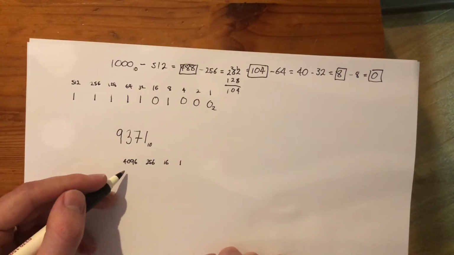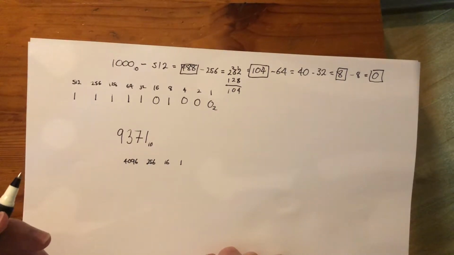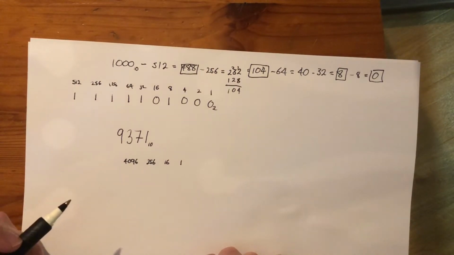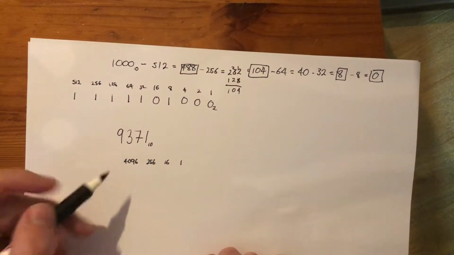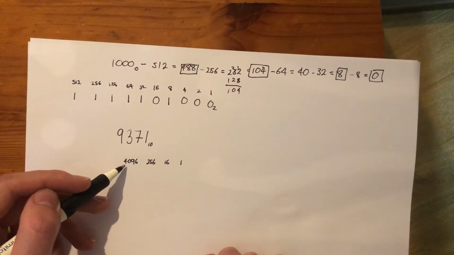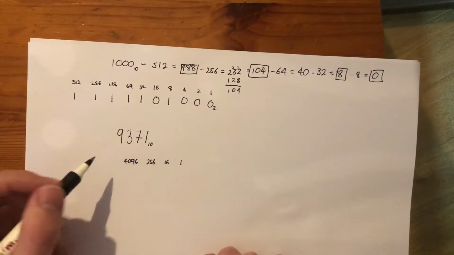I ask myself the question, and if you want to stop the video now, by all means, stop it, work this out, and then you can follow along with this method to check your answer. We ask ourselves the question, how many times does 4,096 fit into 9,371?